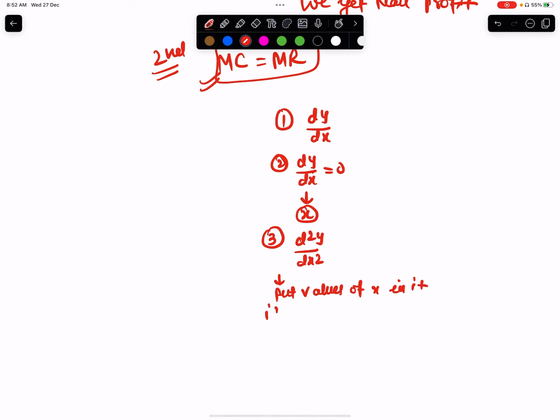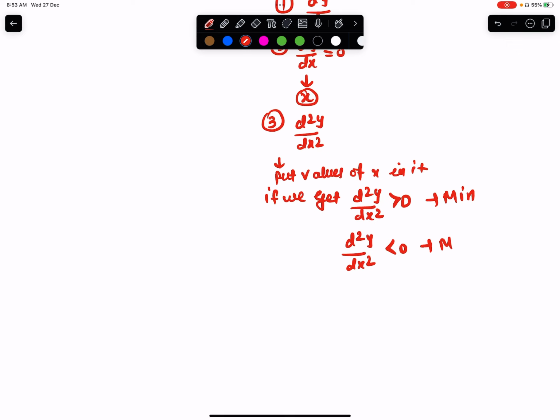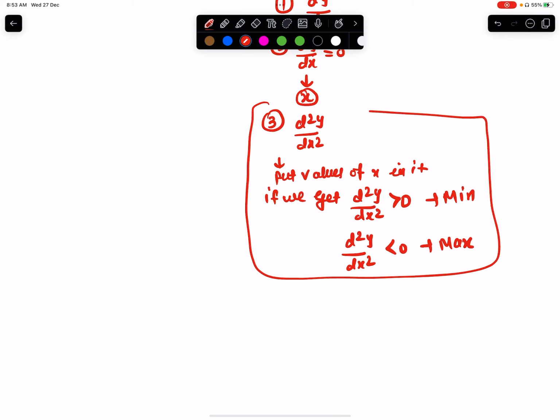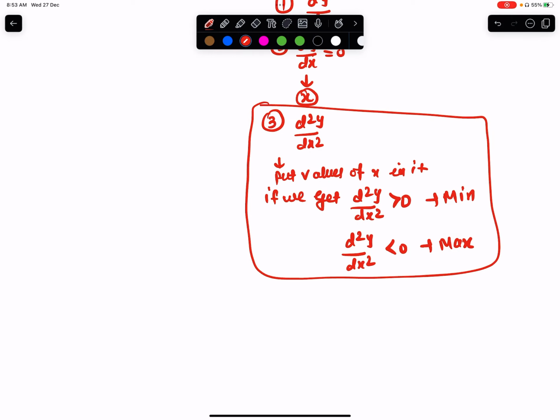If we get d square y by dx square greater than 0, then minimum. If we get d square y by dx square less than 0, then maximum. This is basically the case for profit maximization and minimization, cost minimization, revenue maximization. So these are our final processes.